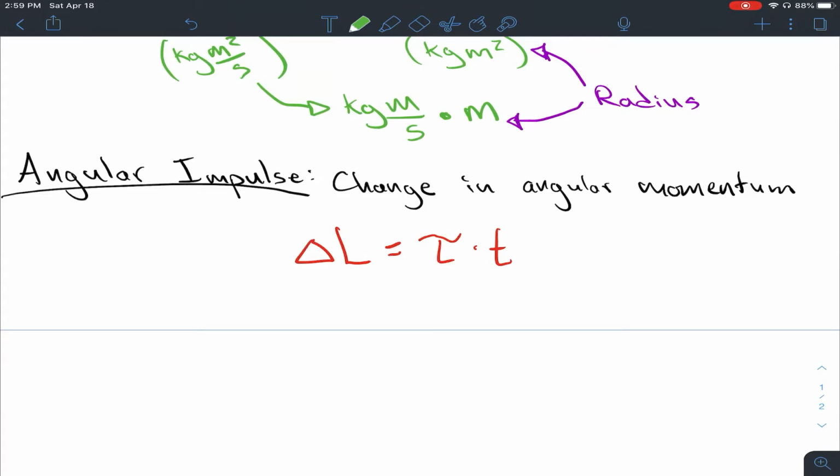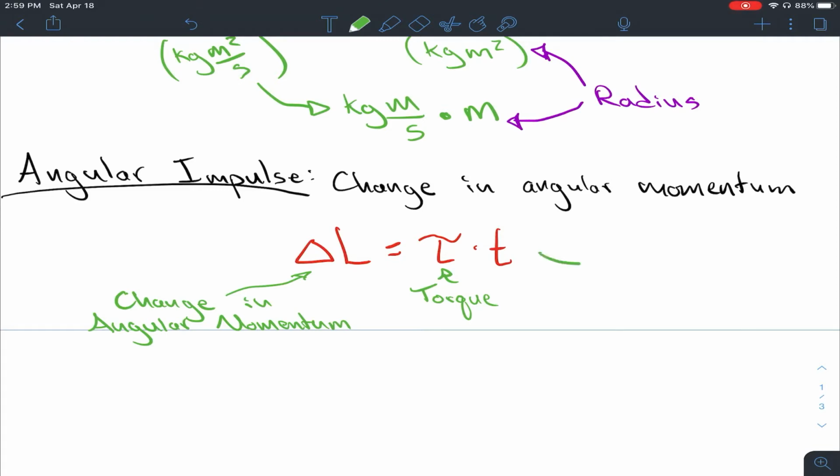Delta L is our change in angular momentum. Tau is our torque, so that's our angular force. And t is the uniter of all things. It's just the time that the torque is acting.